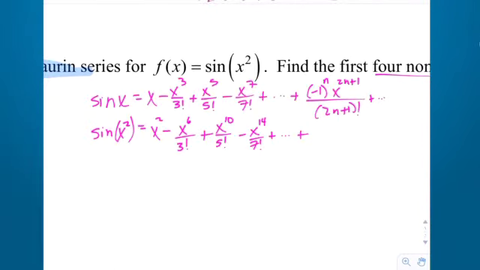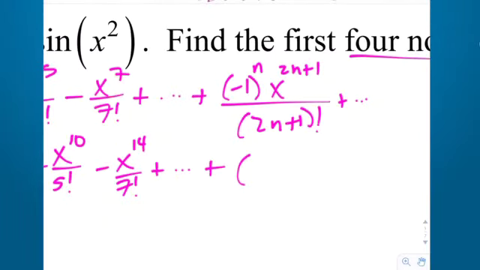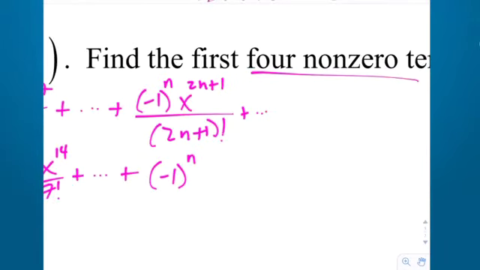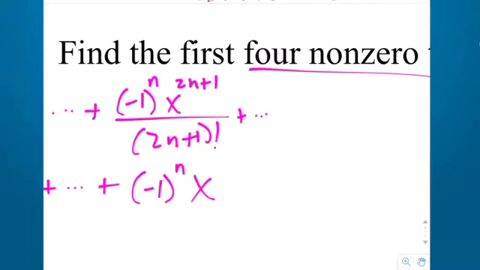If you didn't know the general term, you would probably then have to reinvent the pattern for this new series, sine of x squared, which maybe you could handle, but it's easier to memorize the original one and just modify it in much the same way. It's going to be negative 1 to the n, and we're going to replace x with x squared. So when you raise a power to a power, you multiply. So it'll be x to the 4n plus 2.